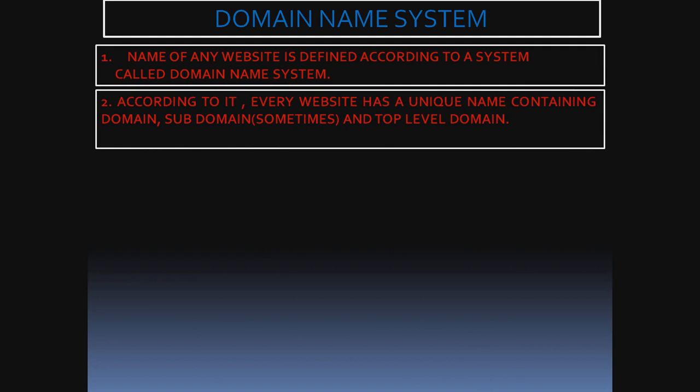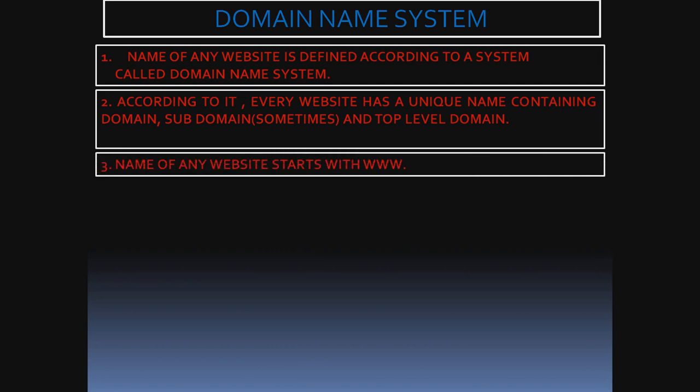So we have a domain name system through which every web server has to give an address to the website which is being uploaded in their given storage. And in this domain name system, every website would contain a unique name containing domain, subdomain and top level domain. Already I said in www.cbse.nic.in, CBSE is the domain, nic is the subdomain and in is the top level domain.